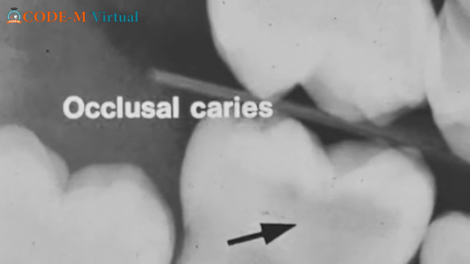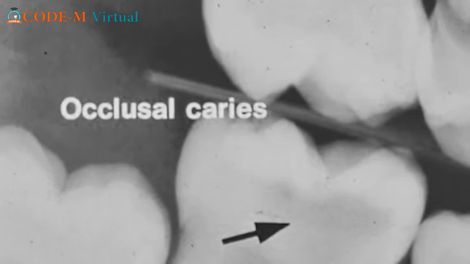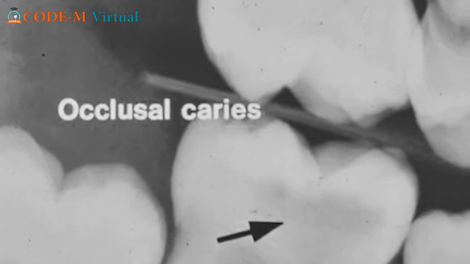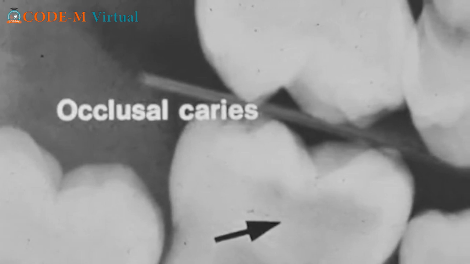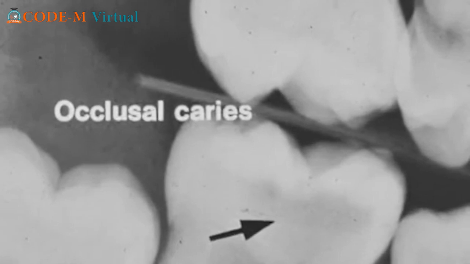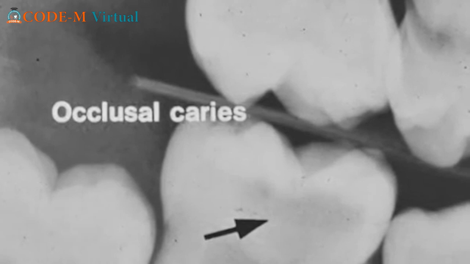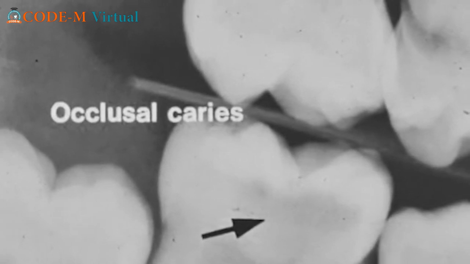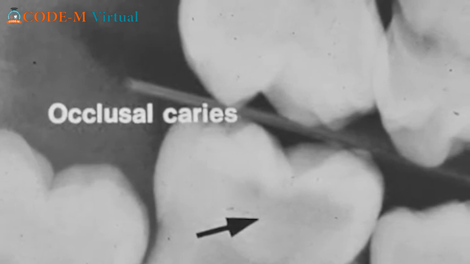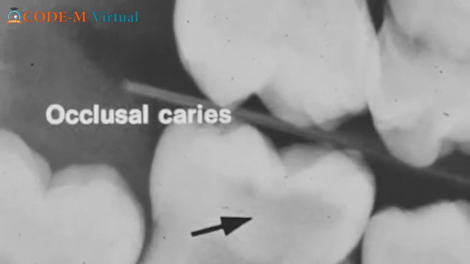The arrow is showing some type of radiolucency, a gray area below the sound enamel, and we can say that this can be some type of occlusal caries, although the enamel is intact. So this X-ray is showing some occlusal caries here.